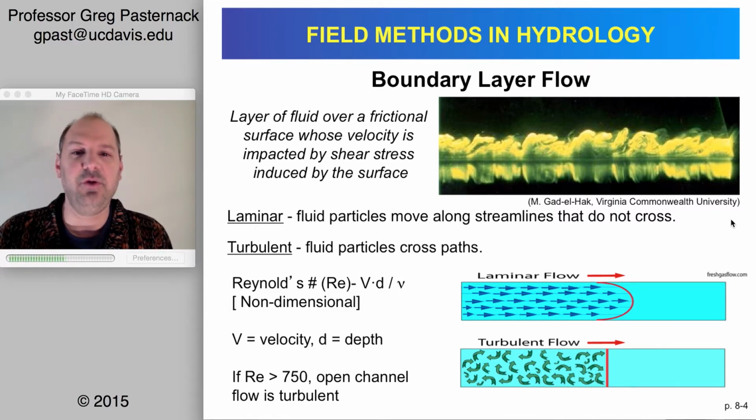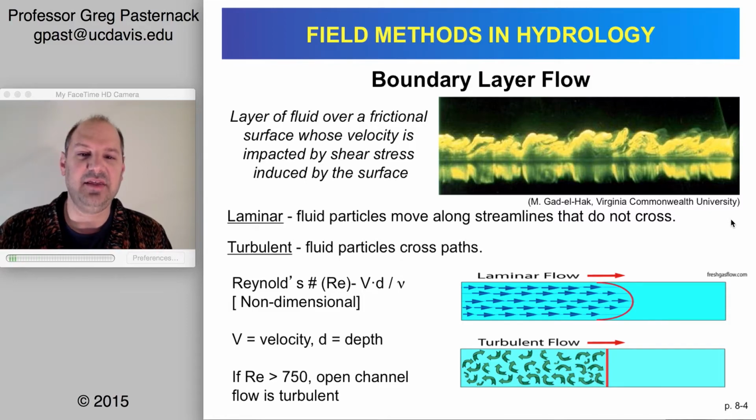And in a fluid mechanics course, you'll learn where that boundary transition is. But from the sake of a river or hill slope perspective, if you have flow, you're going to have boundary layer flow. The next aspect is whether the flow is laminar or turbulent.